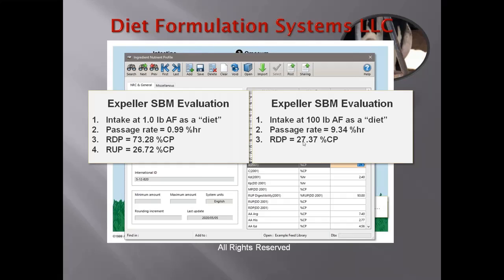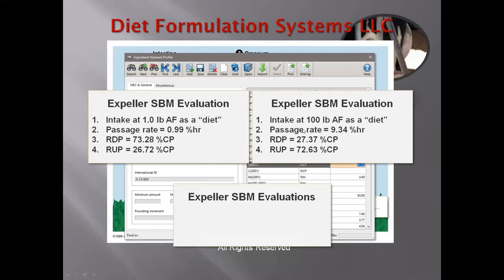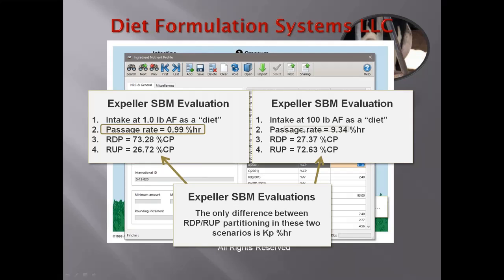RDP is partitioned as 27%, not 73. RUP becomes 73, not 27. So these are virtually reversed at the higher passage rate. And that means that any place in between, they will also be different. The only difference between these two evaluations is passage rate. The only difference.